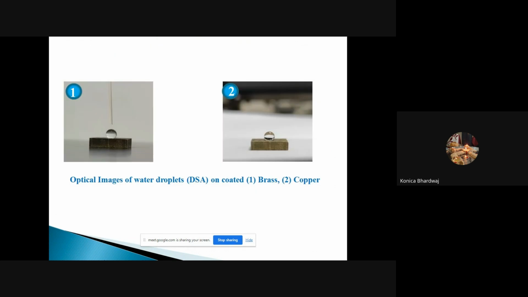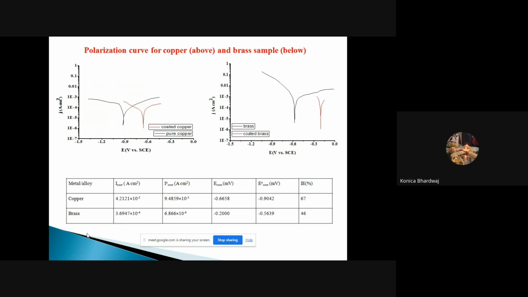Then as explained, the perfect spherical shape of the water droplet we have achieved on both the surfaces, brass and copper. A little bit different in our contact angle, because in brass we have achieved 152, and in copper we have achieved 155. So that's the only difference.